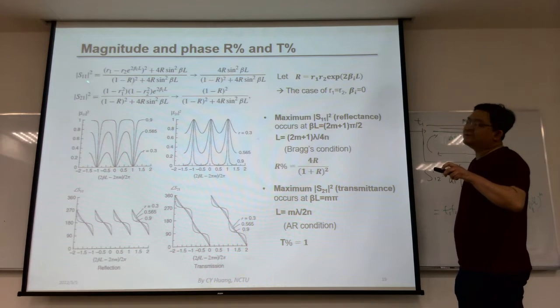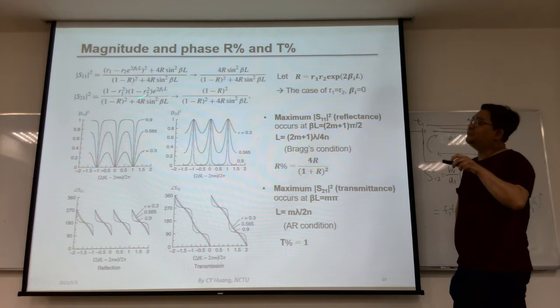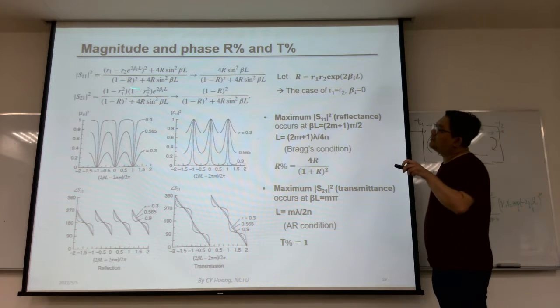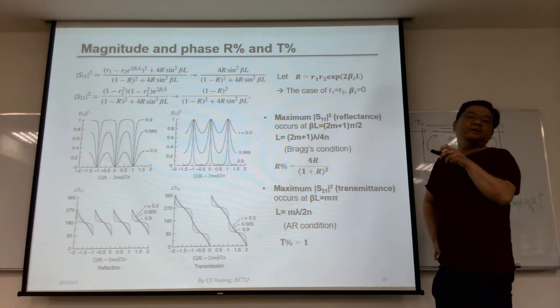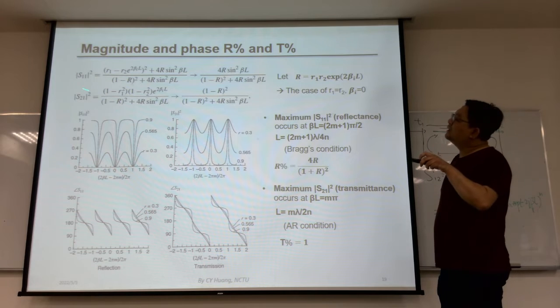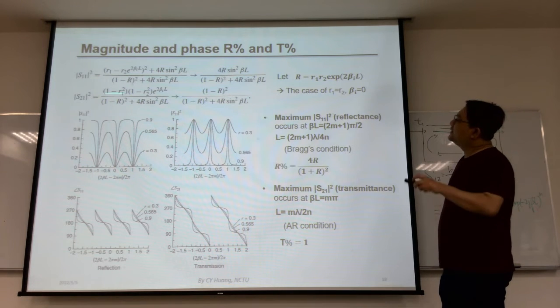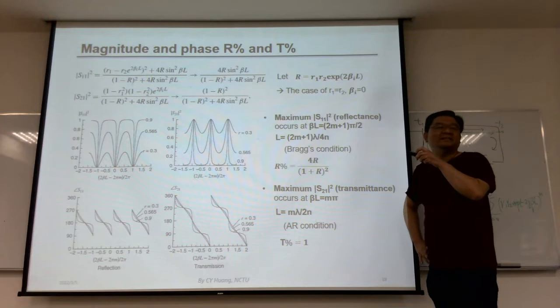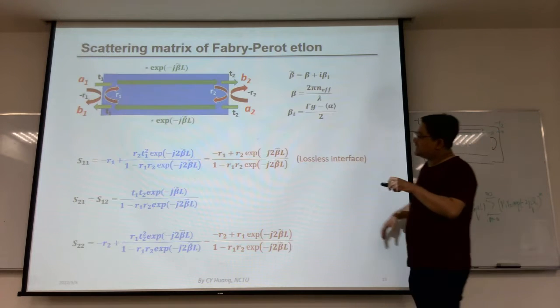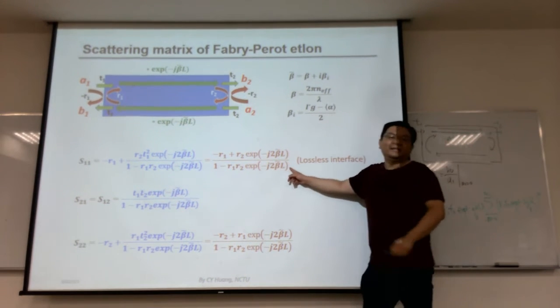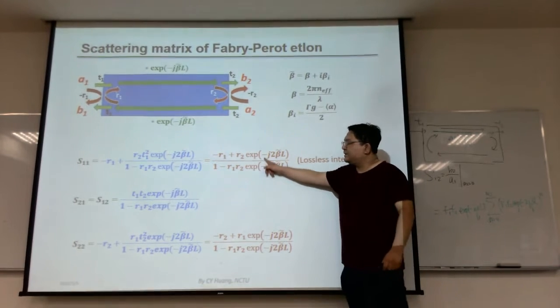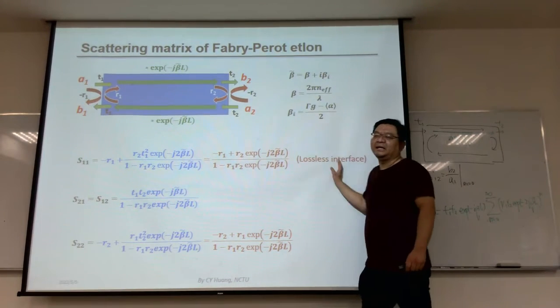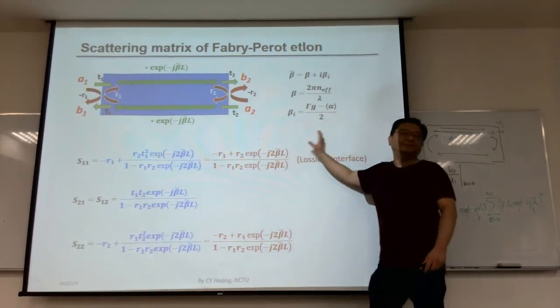The reflectance of the power will be the square of S11, and it will be a term like this. This is really tedious. You just find the expression of this term and find its conjugate, then tie them together. So this is purely very tedious.